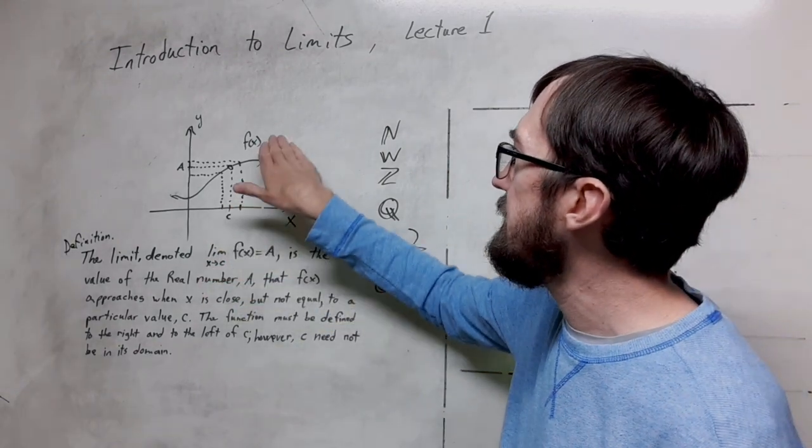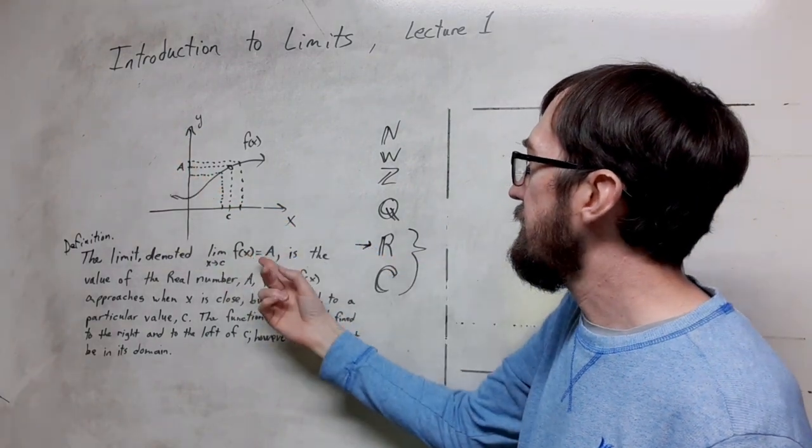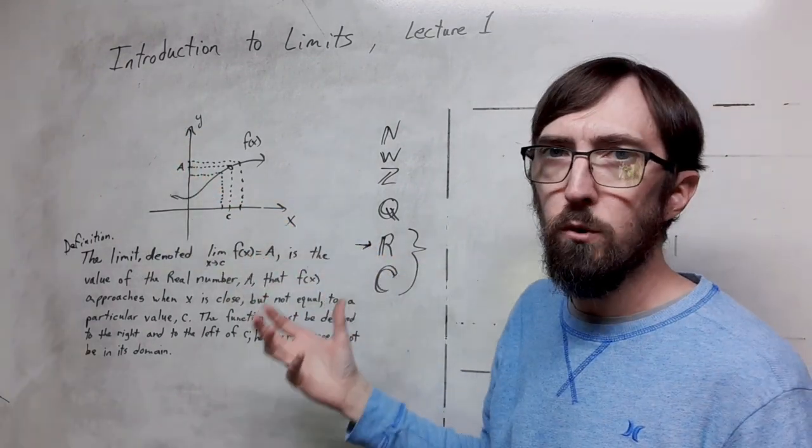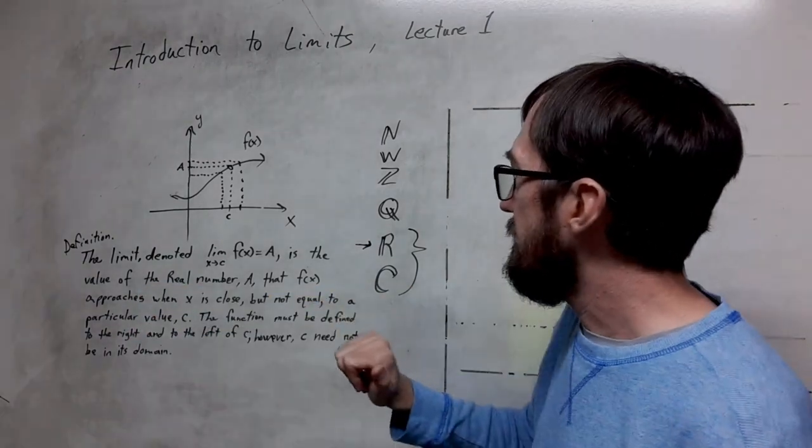As I plugged c into the function, I got f of c, and now I am calling that value a here. This is a real number, and that's stated here in the definition.